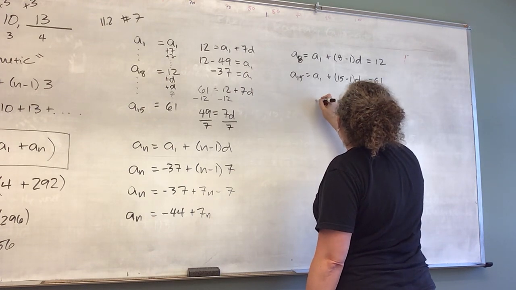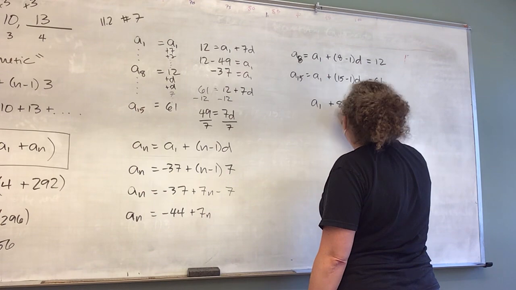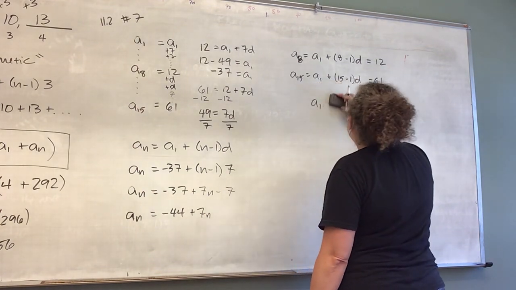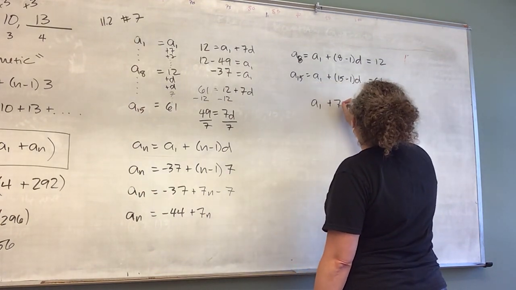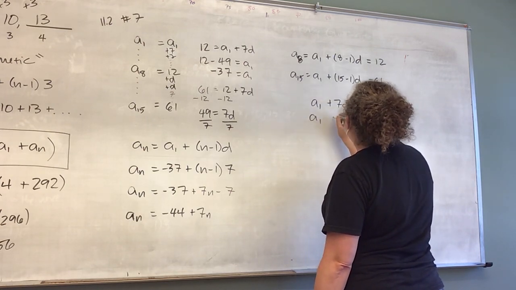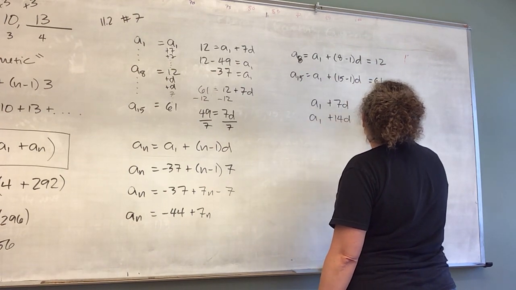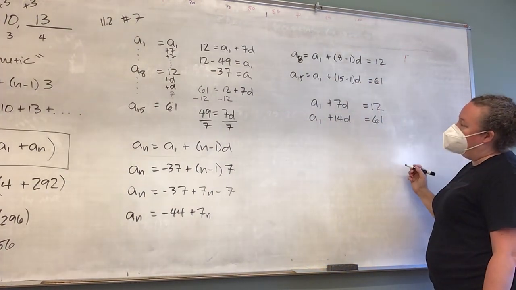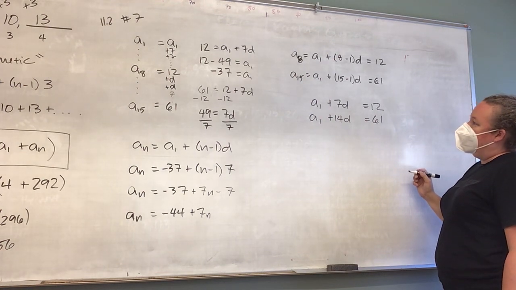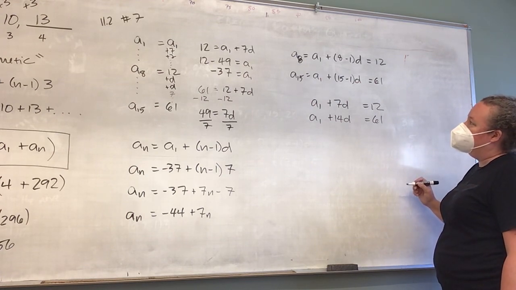This gives us A sub 1 plus 7d equals 12, and A sub 1 plus 14d equals 61. And so then here we can do the substitution method.